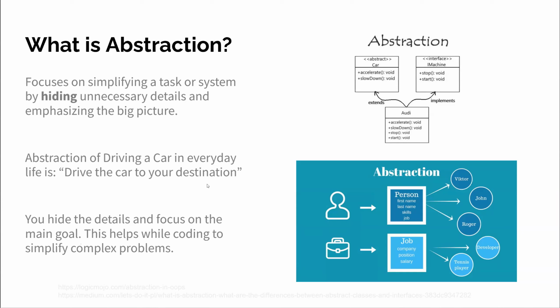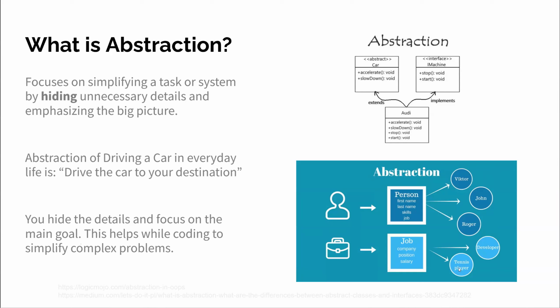So that's the benefit of abstraction, that you can generalize your solution to the inner parts that you're trying to solve, like the car here and the destination. So we have another example here. We have different people that we want to store in a database.